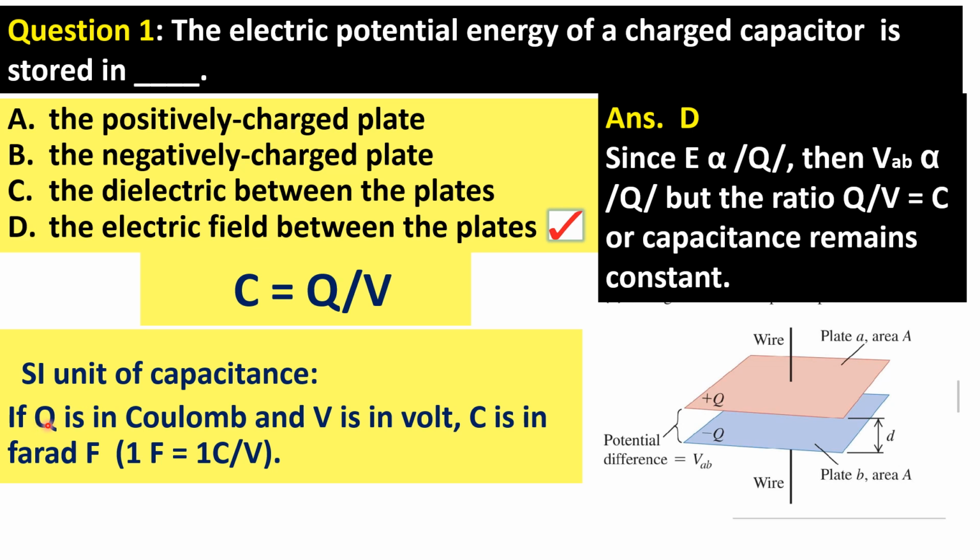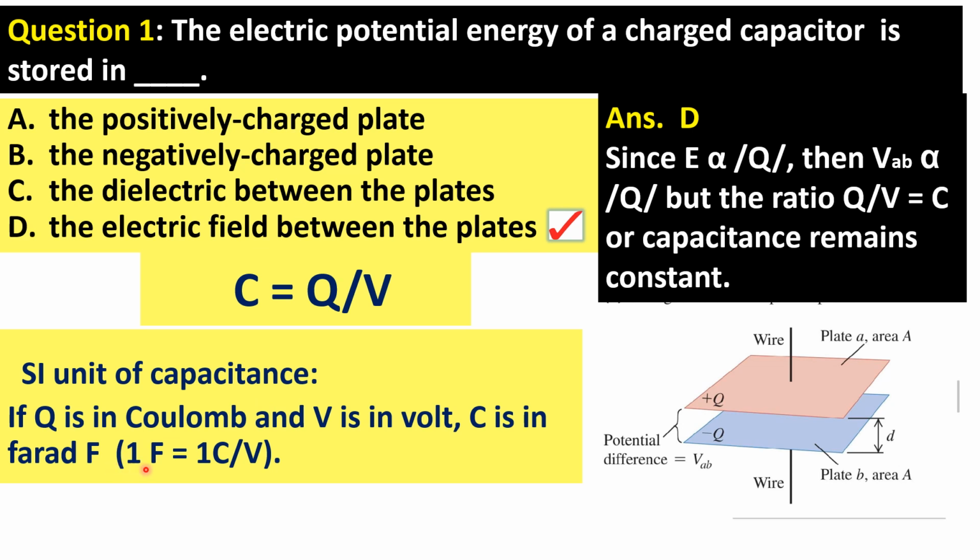If charge Q is expressed in coulomb and the voltage V is in volt, then capacitance is expressed in a unit known as farad, capital F, in honor of Michael Faraday, the scientist who put forward the principle of electromagnetic induction.